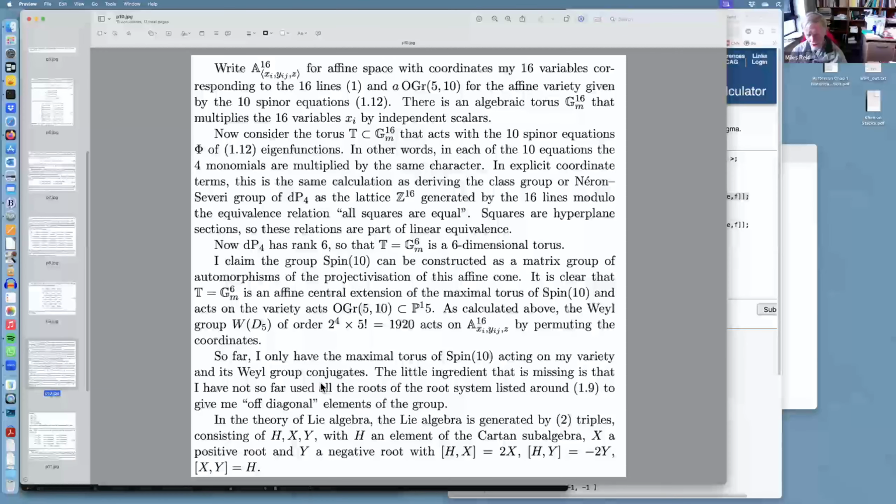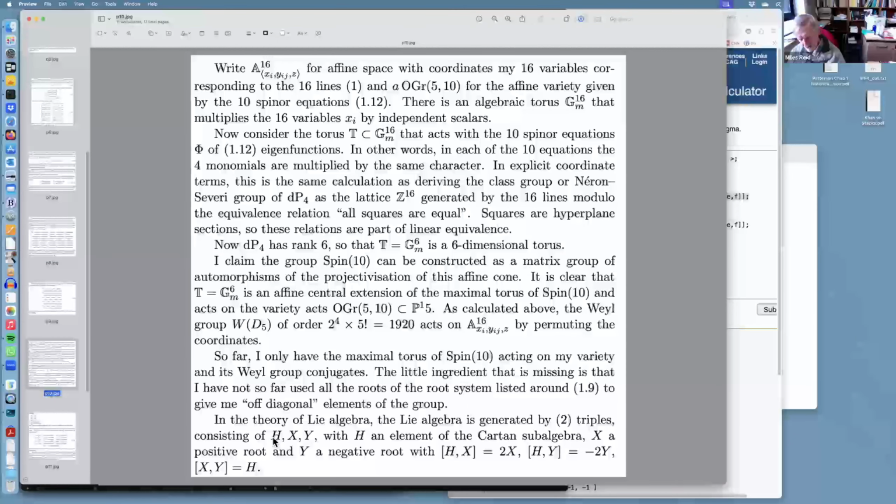Yes? Now, in the theory of Lie algebras, you have a Cartan subalgebra, which is an abelian Lie algebra of rank, in this case, 5.